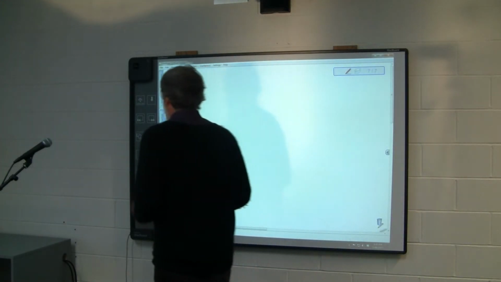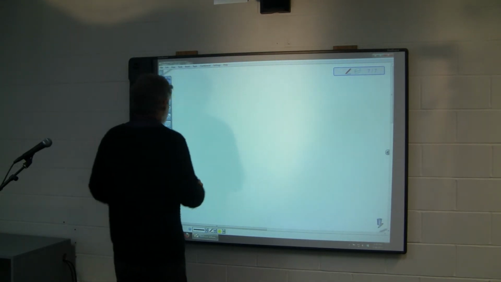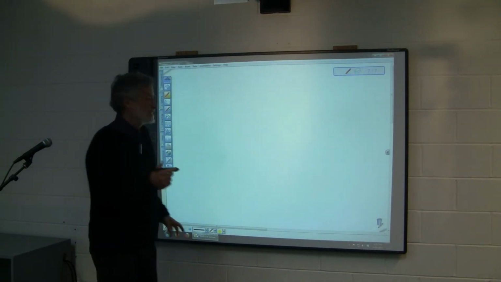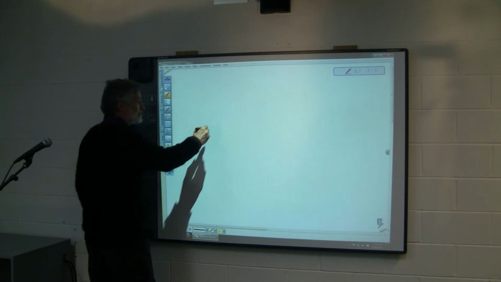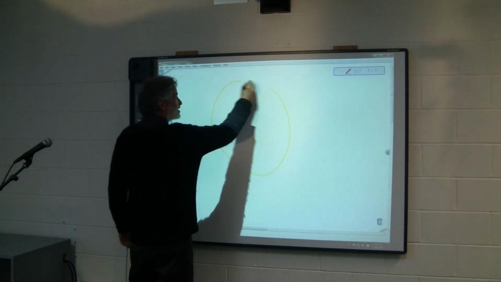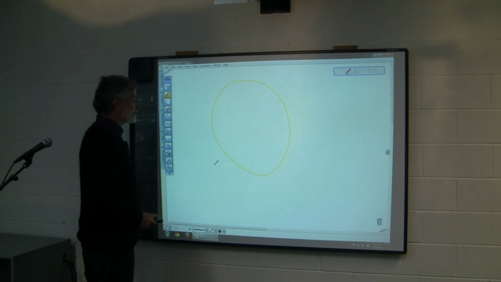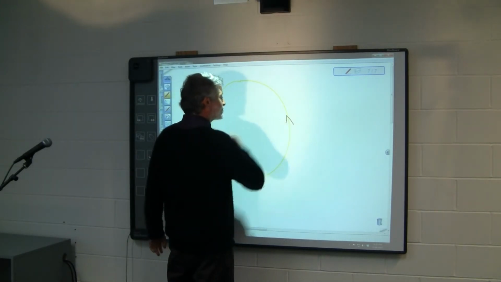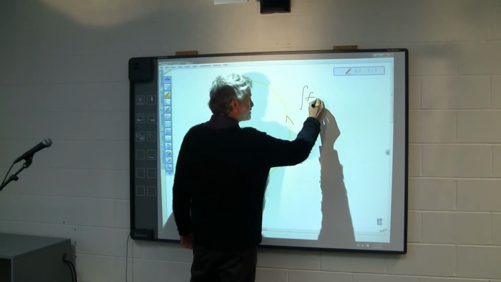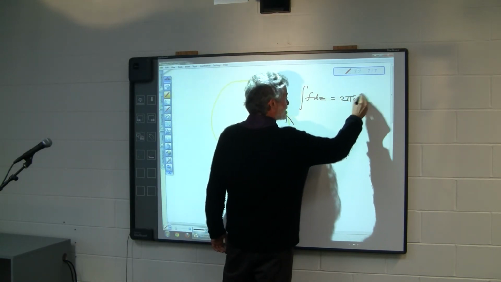What I've tried to tell you is that this old theorem, the theorem we learned as undergraduates, that if you take a contour integral, the integral of f(z) dz is equal to 2 pi i times the sum of the residues.